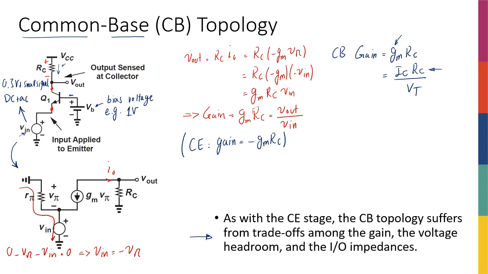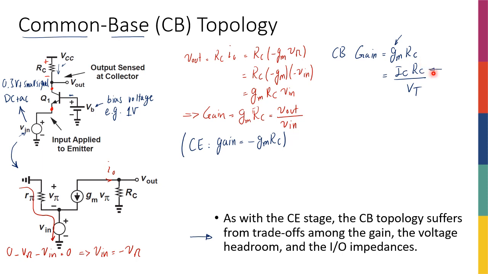The other thing I can see is that if I don't want to increase gain using gm, and I want to do it using RC, then I don't have the penalty of extra power, which is good. But again, IC RC increases, so I'm going to have a headroom problem, meaning that I'm going to push my transistor to saturation again.